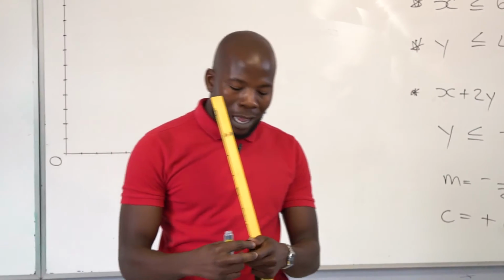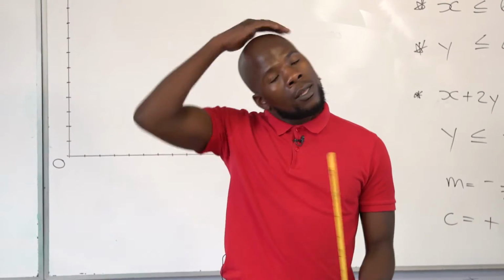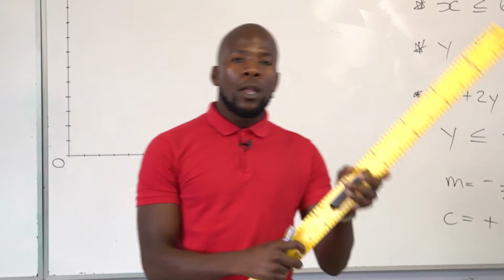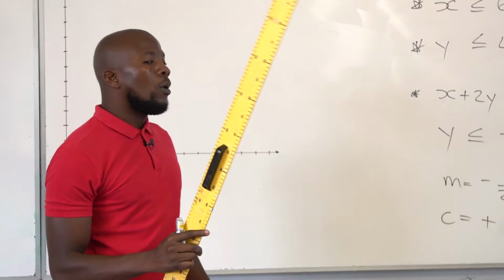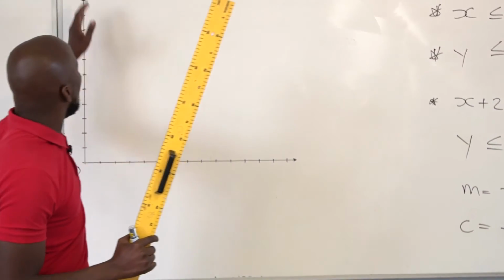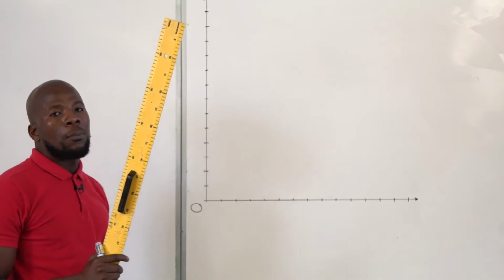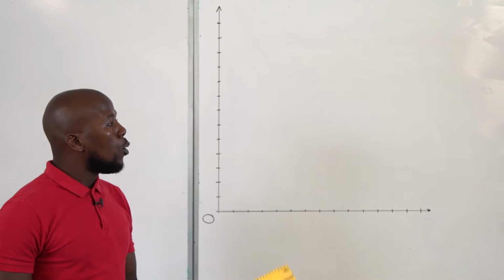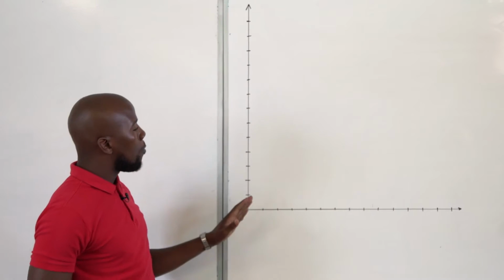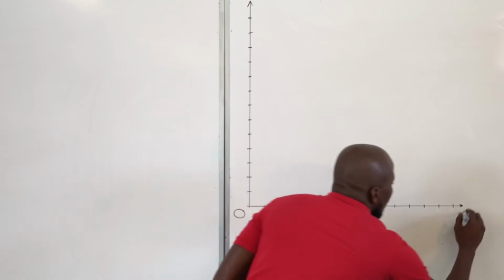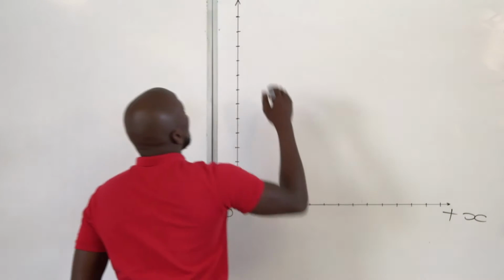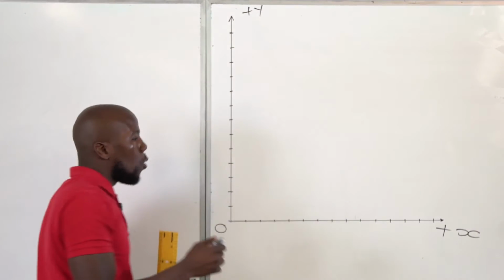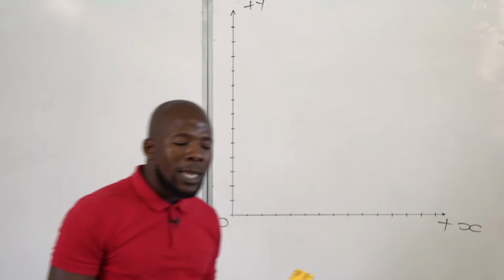Before we can draw our graphs, as we all know, you need a ruler. Why do we need a ruler? You need a ruler to accurately sketch your Cartesian plane. What you'll notice is that I've sketched my Cartesian plane in the positive x region as well as the positive y region only. Why did I do that?